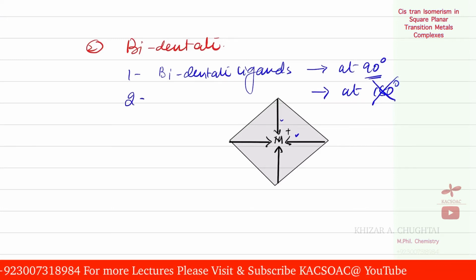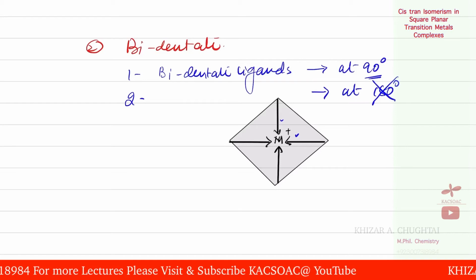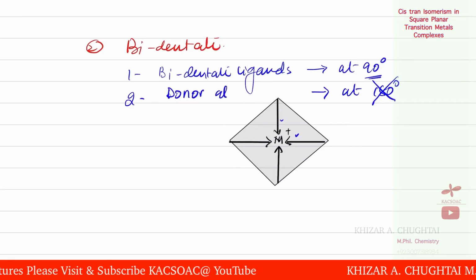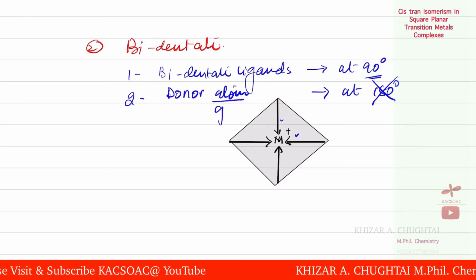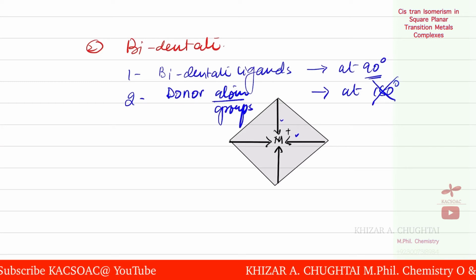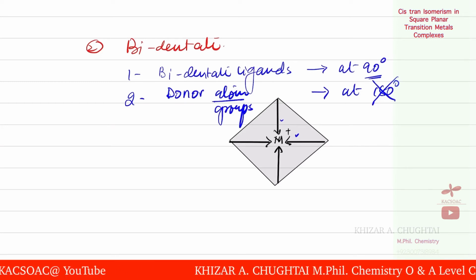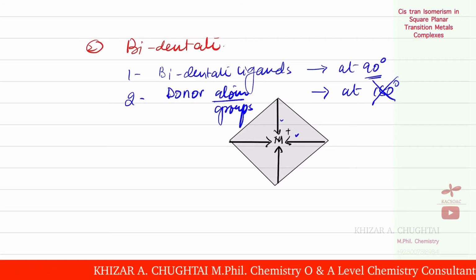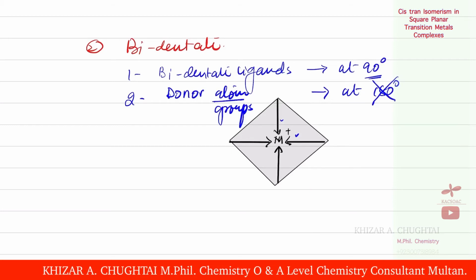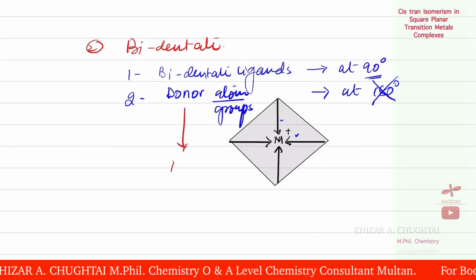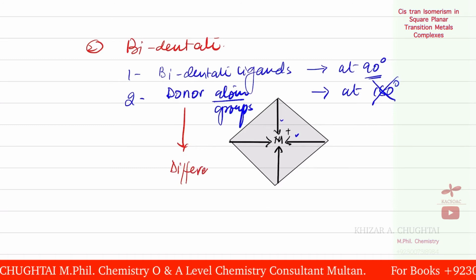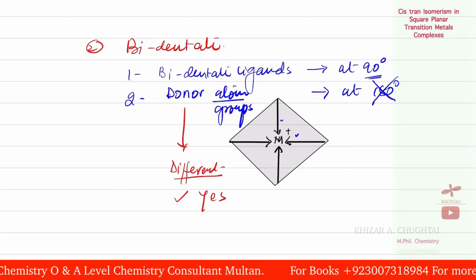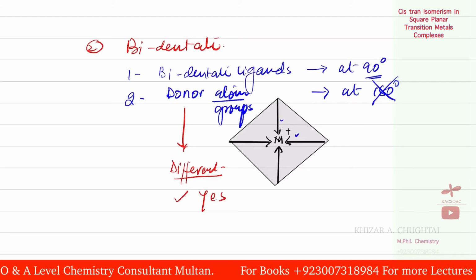The second prerequisite or postulate is about the donor atoms or donor groups in bidentate ligands. If the donor atoms are different, then there is the possibility that your complex will show cis-trans isomerism.